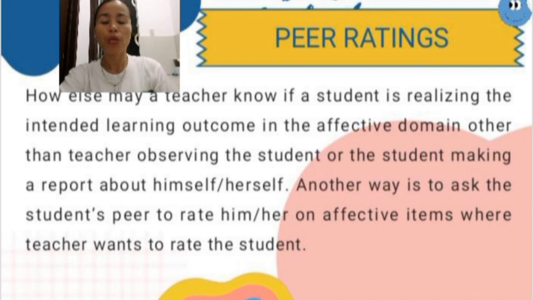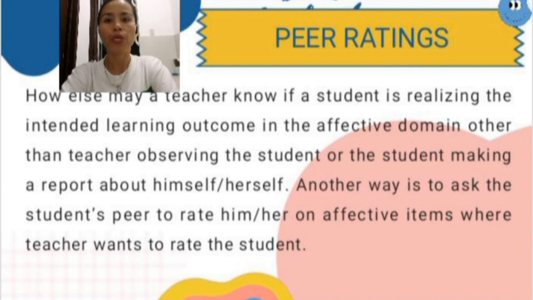Peer ratings are a less reliable method in assessing affect because students may not take this seriously. However, a teacher can accurately observe what is being assessed in peer ratings since the teacher is also engaged with the students.